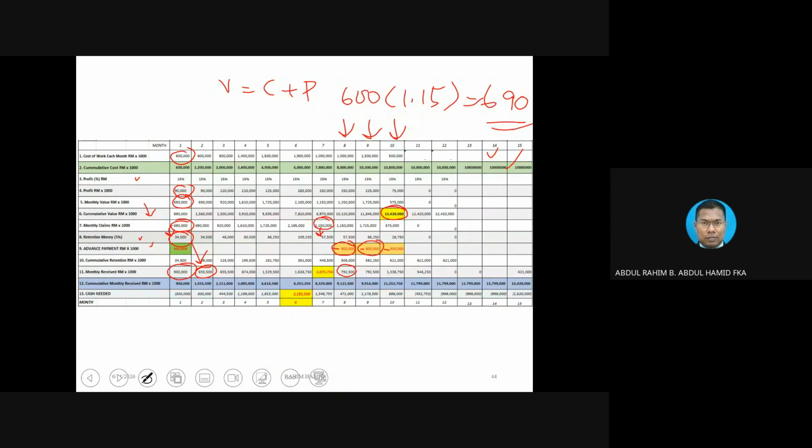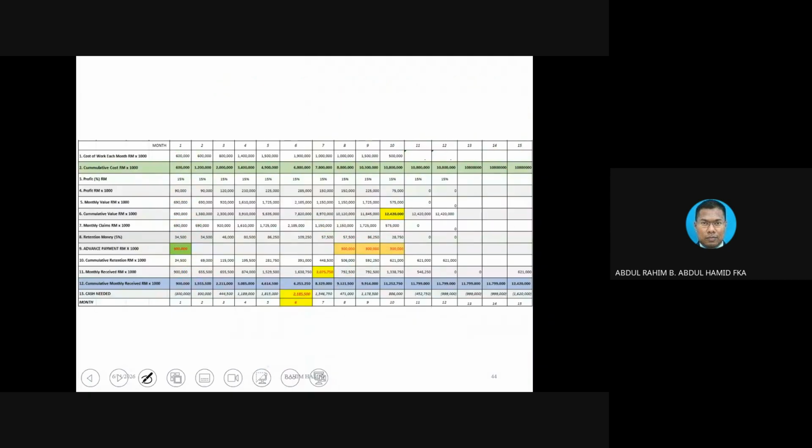And lastly, cash needed. Okay, cash needed. Again, let's focus on row number 2 and row number 12. Okay, on the first month, 300 in bracket is basically negative 300. Where do I get?